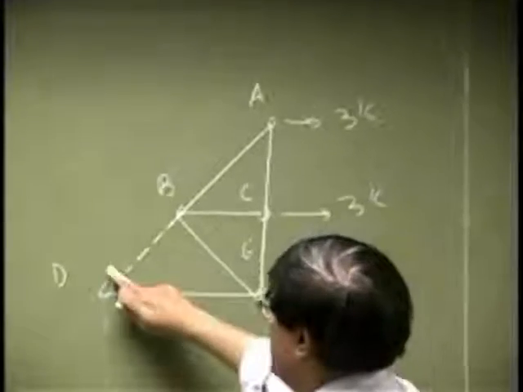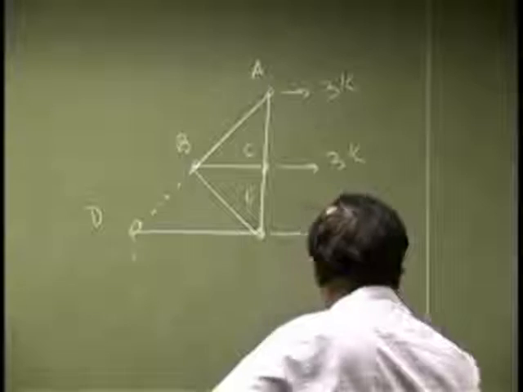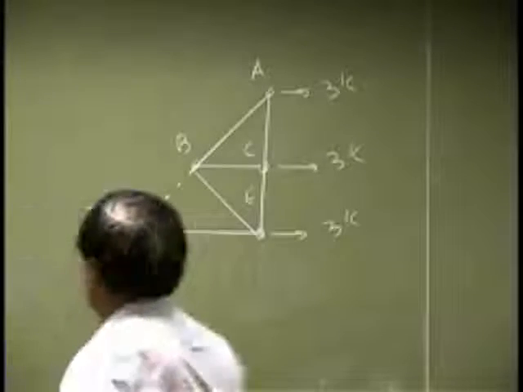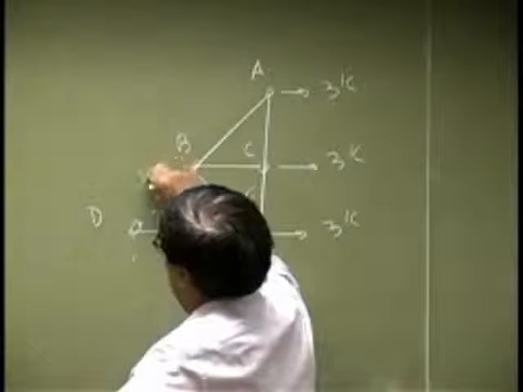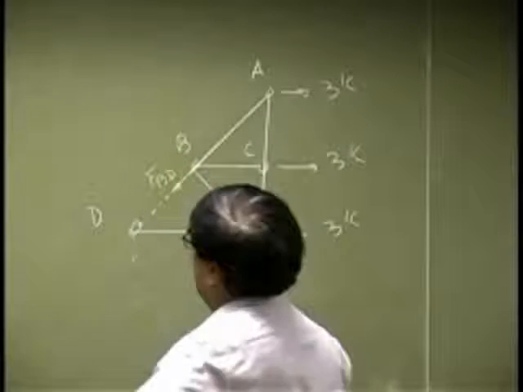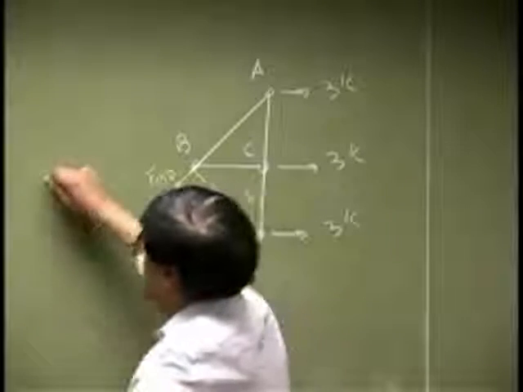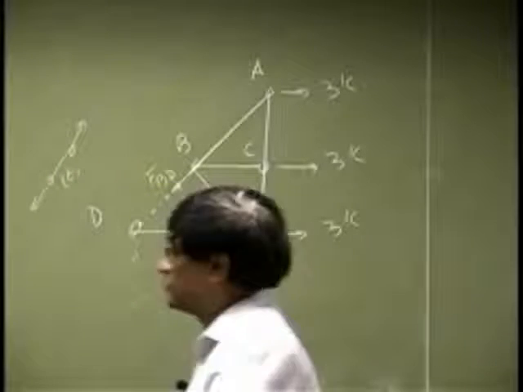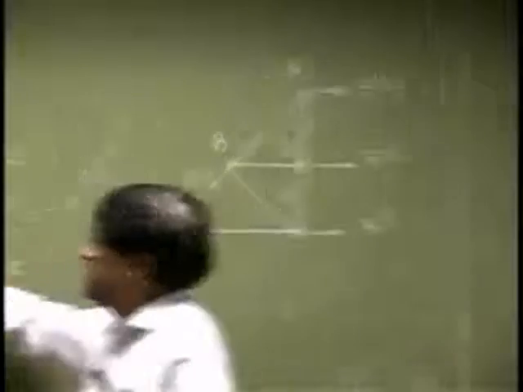So if that member is not there, we have to remove it, and in place of that, we need to place a force. So at joint B, I place a force. I call this FBD. And again, the assumption is that the member was in tension. Then it cuts through this member.